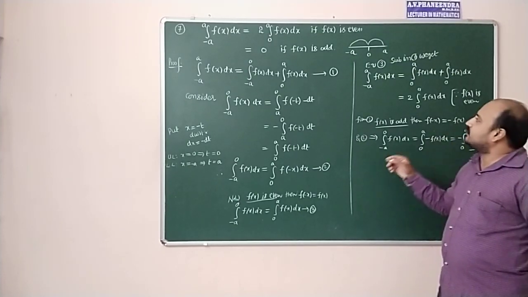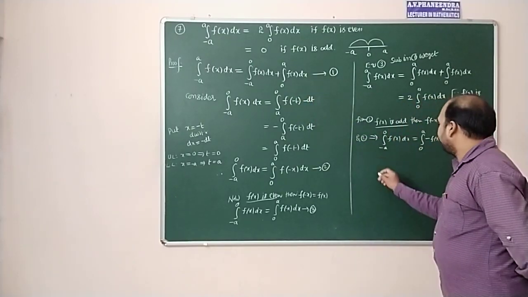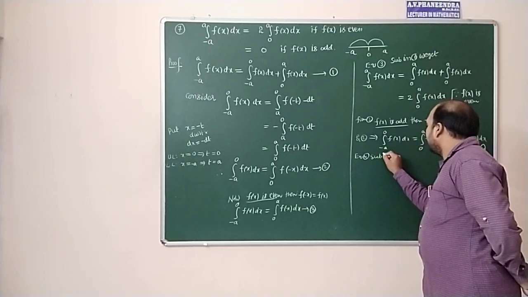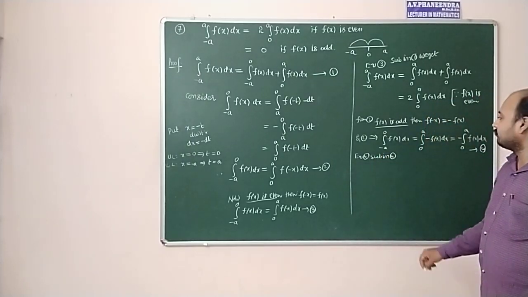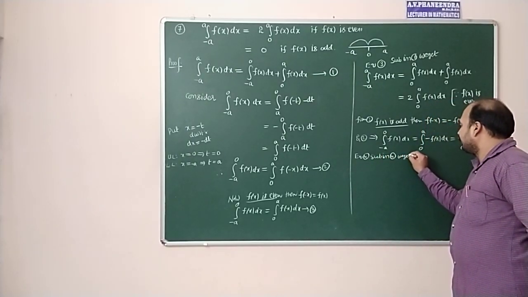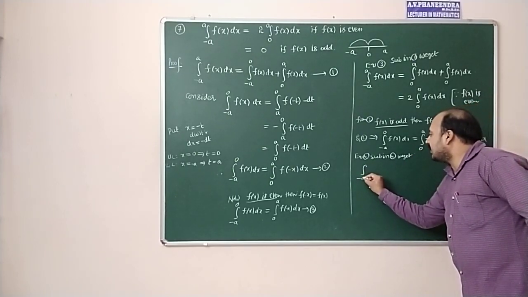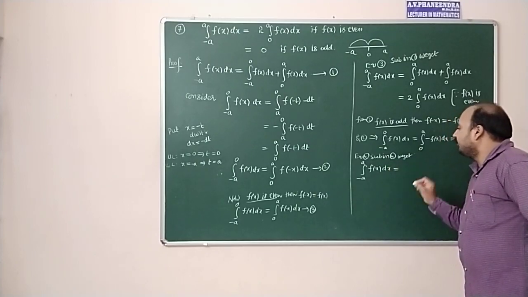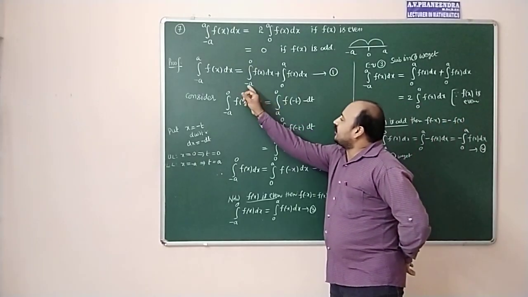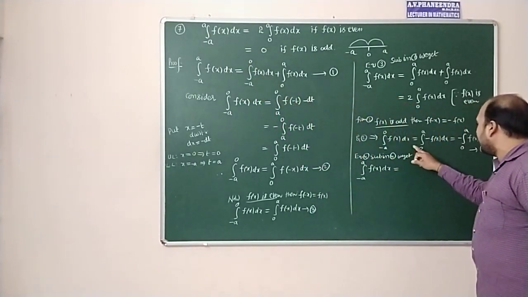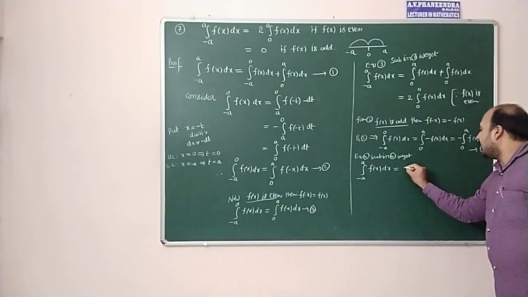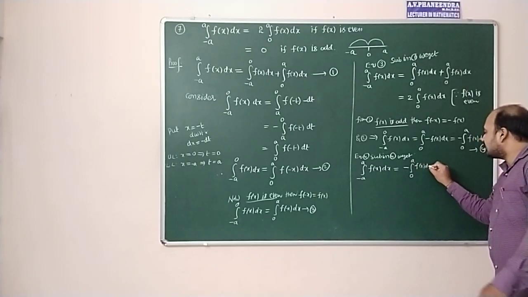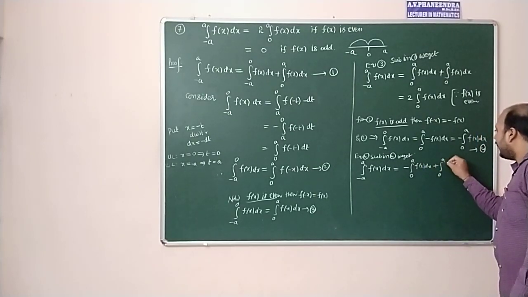Equation 4, substitute in equation 1, we get integral minus a to a of f of x dx is equal to, in place of integral minus a to 0 of f of x dx, now we have minus integral 0 to a of f of x dx plus integral 0 to a of f of x dx.